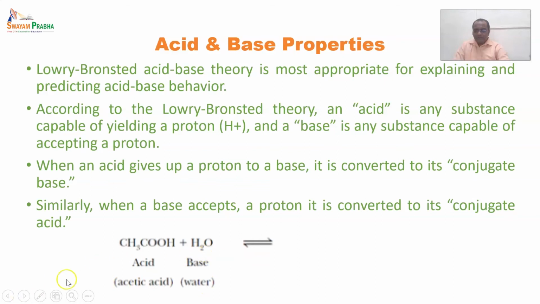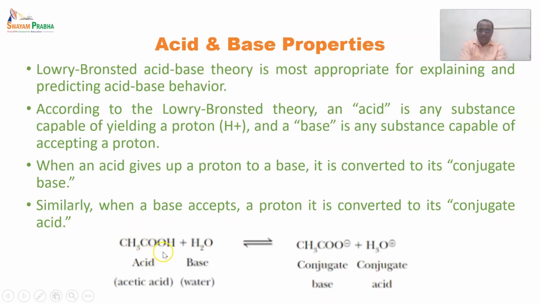This reaction is reversible, and it forms a conjugate base as well as a conjugate acid. The molecule which acts as an acid, donating its proton, forms a conjugate base after the reaction. So a molecule which is an acid at first becomes a base later on, and that is the conjugate base.